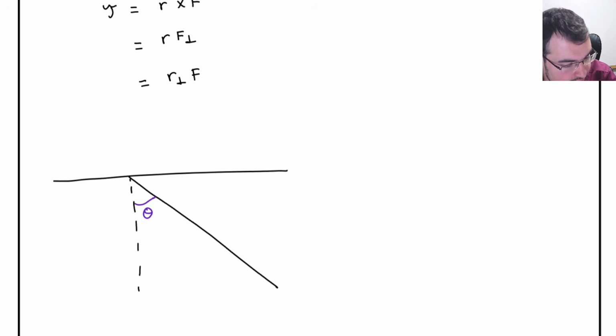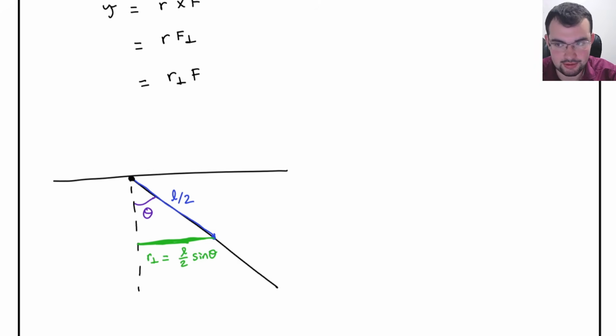If gravity acts at the middle of the rod, this length right here is L divided by 2. If we want the distance from our pivot point horizontally to there, that's our lever arm, this green distance right here. And this is just going to be L over 2 times sine theta, and it's sine because the lever arm does not touch theta right here.